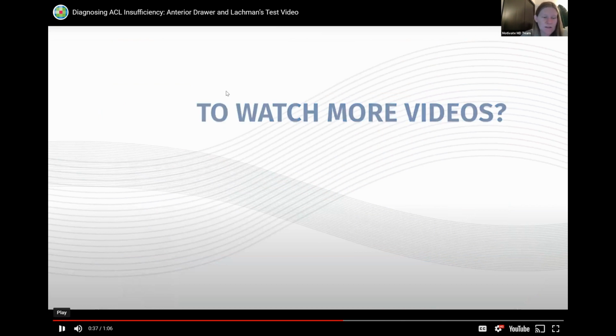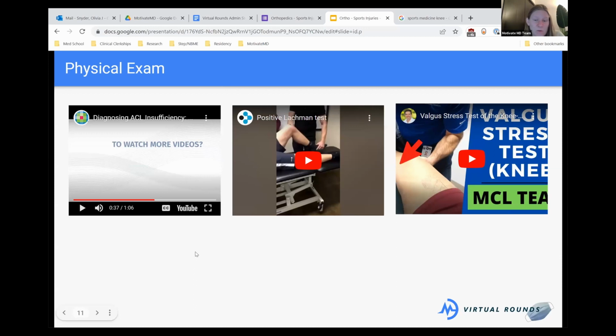So that's the Lachman test and the anterior drawer test to show you the difference between them. Just to summarize again, with the anterior drawer test, you're bending your knee a lot more. It's at like 90 degrees, and with your fingers on the back of the calf, you're trying to pull the leg forward.